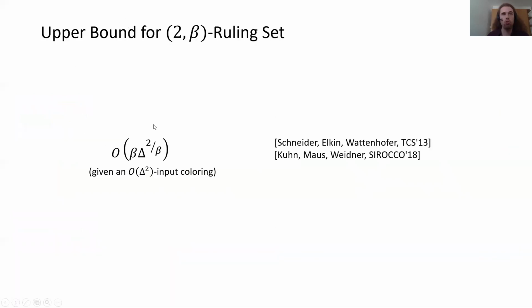Okay, so how do we get such an upper bound sequence? One idea would be to take an existing algorithm that, for technical reasons, works in our setting where we have an O(delta squared) input coloring, and where the complexity of the algorithm can be phrased in terms of the maximum degree delta of the input graph, and then find a way to transform this algorithm into an upper bound sequence.